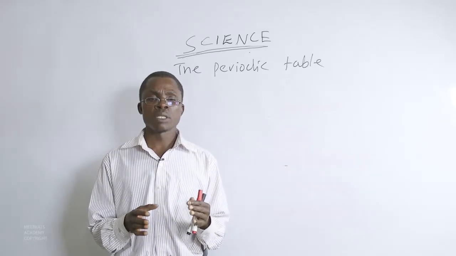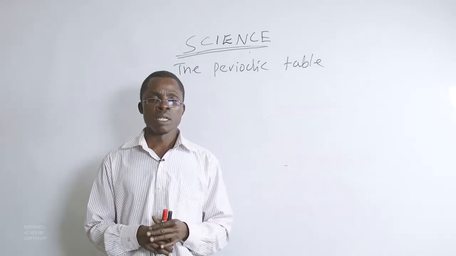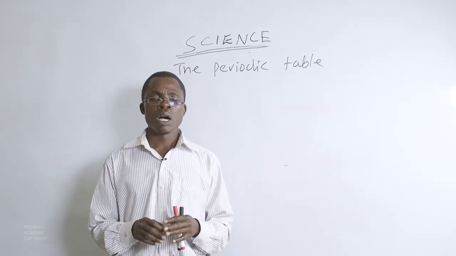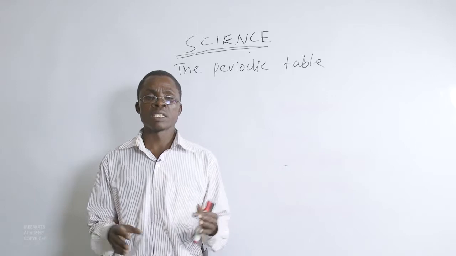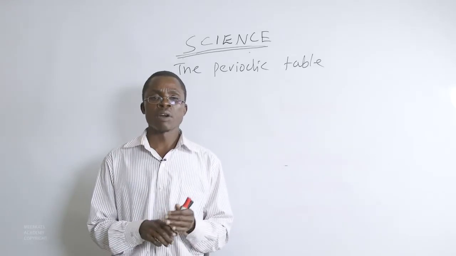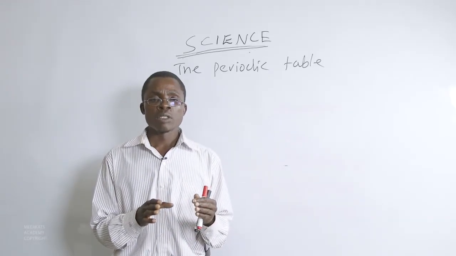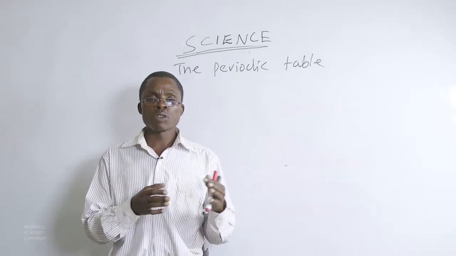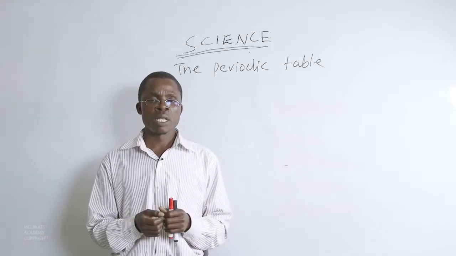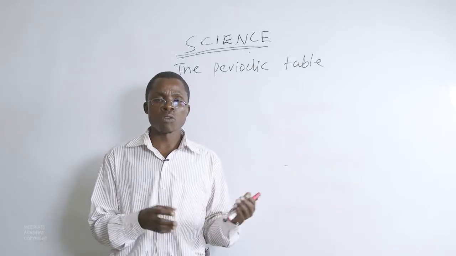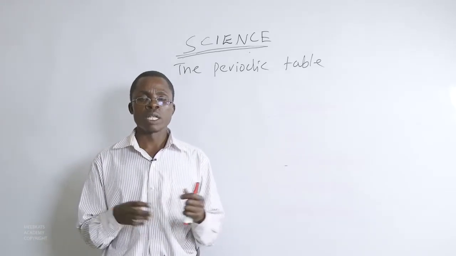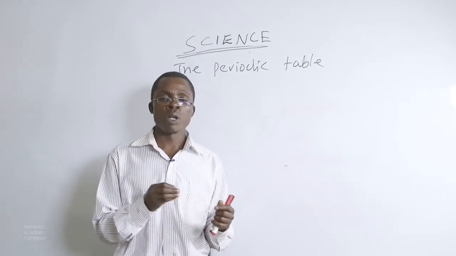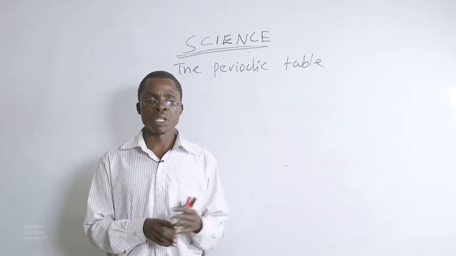understand these elements that were so many in terms of how they behave, their characteristics, their similarities, their differences, categorizing them, so that because of the so many different uses that were being gotten out of these elements, it will be easier for others also to know exactly what to look for when they want to do one or two things.